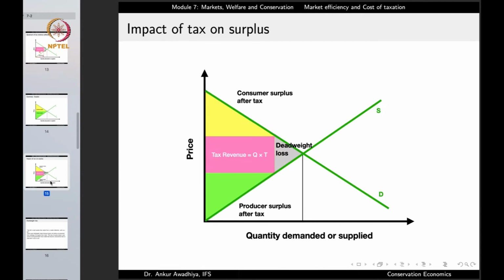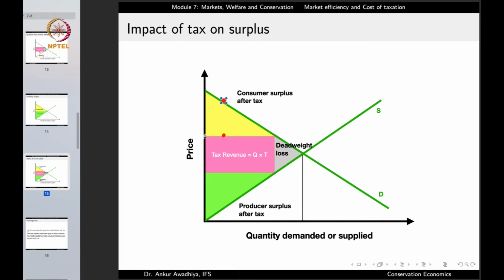Now the consumer surplus will reduce, because the consumer surplus is the value that the consumer was putting on a thing minus the price of the thing. So this much is the consumer surplus of one particular consumer. And the total consumer surplus is given by this triangle.